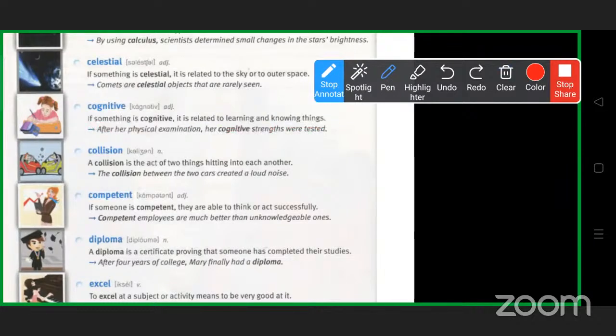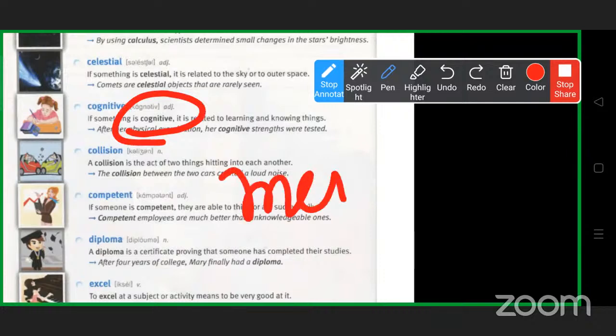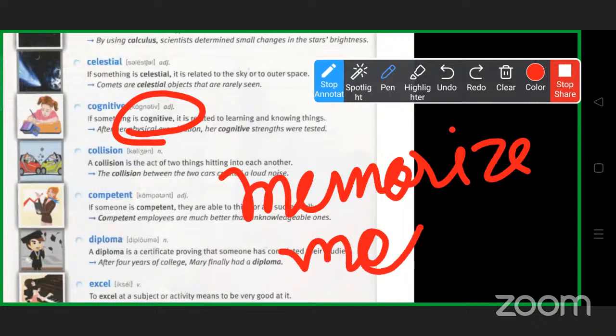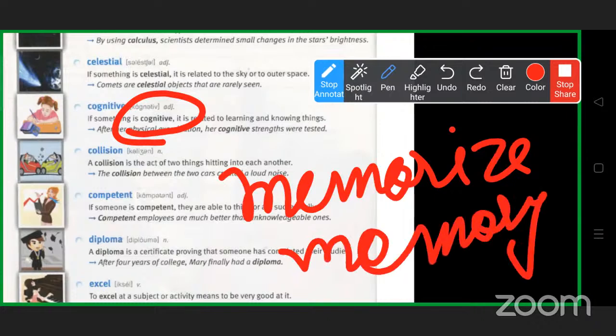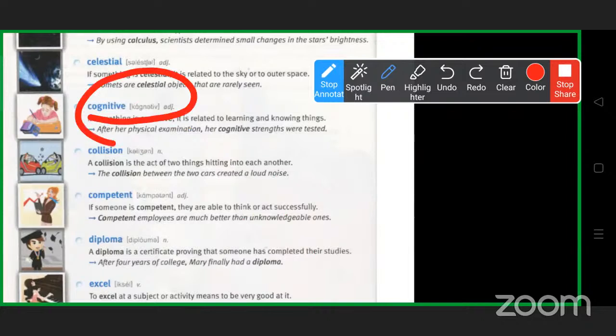If you have wisdom about things, that means it's from your brain only. You remember things from your brain only. Something cognitive is related to your memory. When you memorize something, that is related to cognitive. So cognitive is also an adjective.